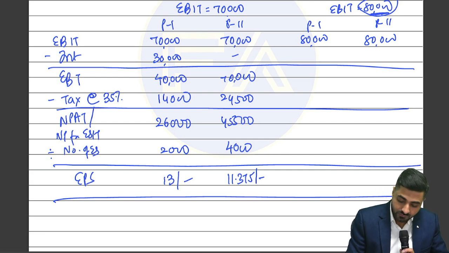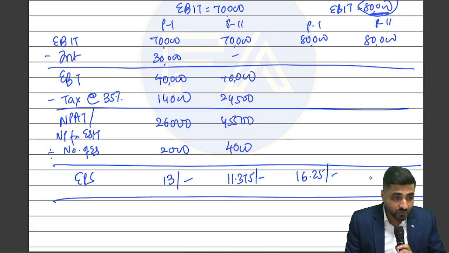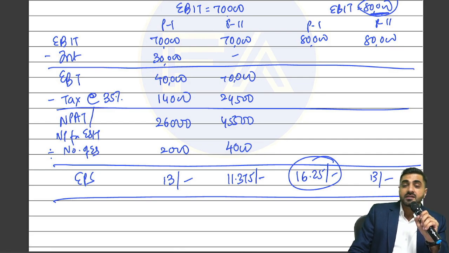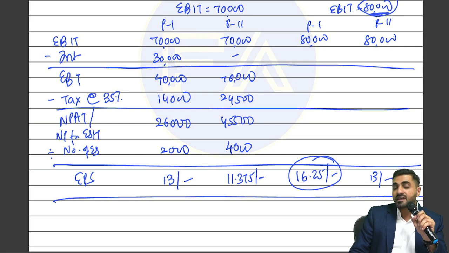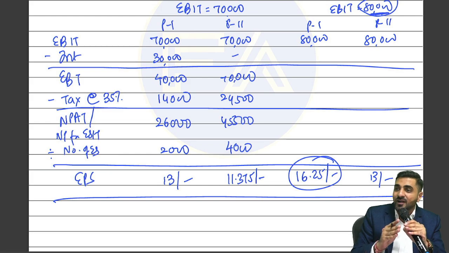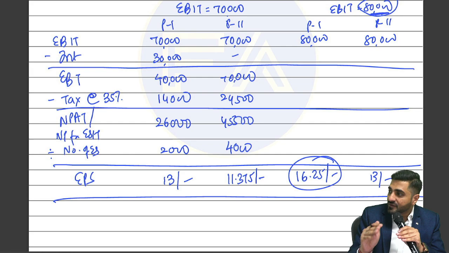Are we ready? Then EPS coming as 6.25 should be coming as rupees 13. Which plan will you select? Debt and equity both. Tax savings on interest.